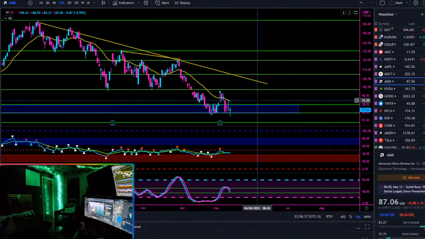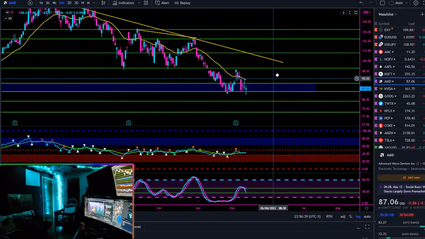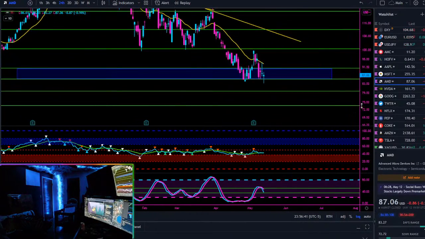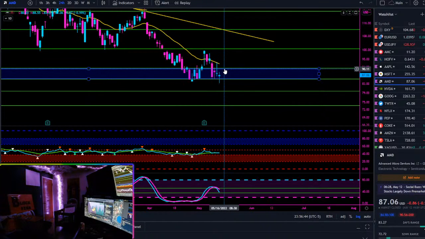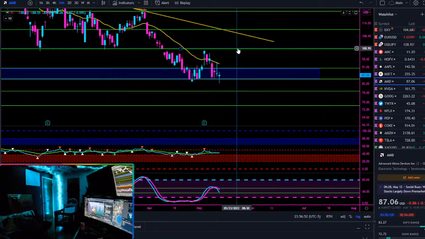AMD is another one I'm very interested in, still within this blue box territory, and the sentiment remains exactly the same as yesterday. Any open and closure above the resistance at 90.35, I would look for a test of the resistance above it at 100.95, which is called 101.